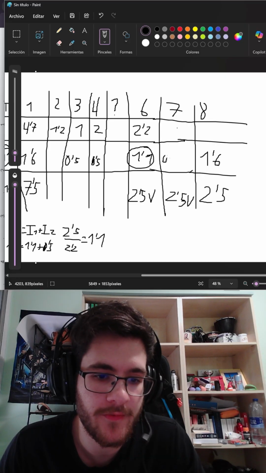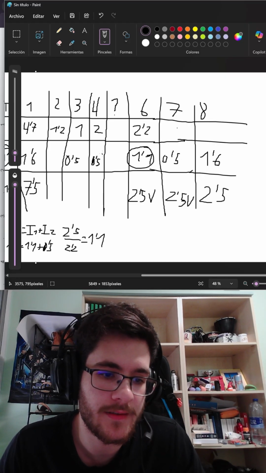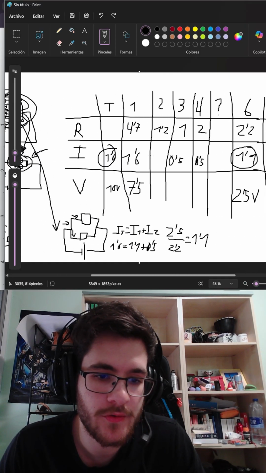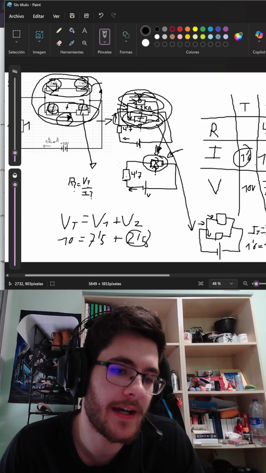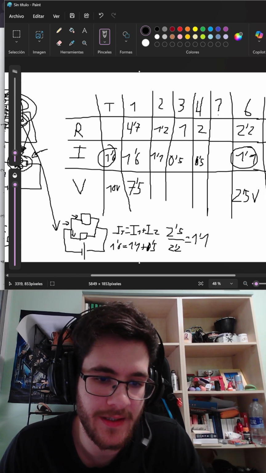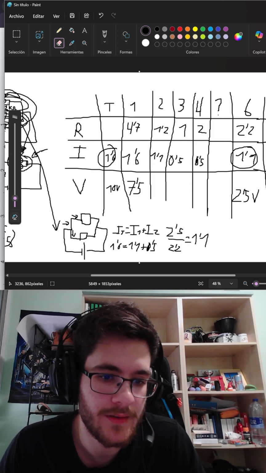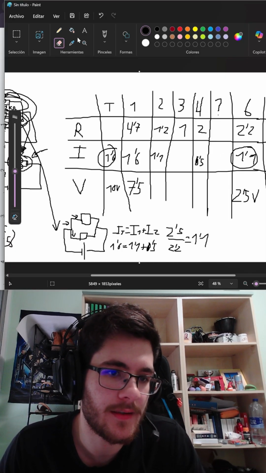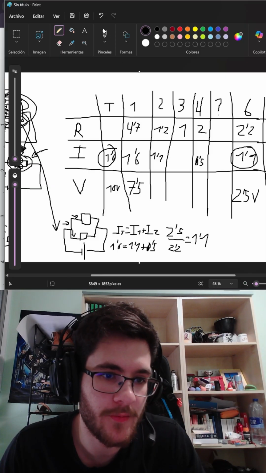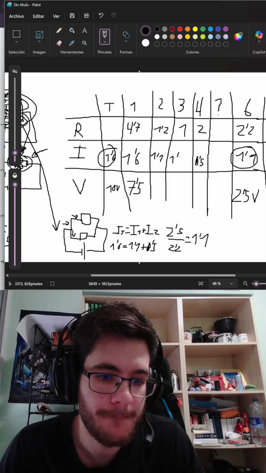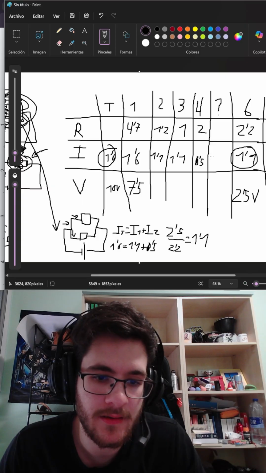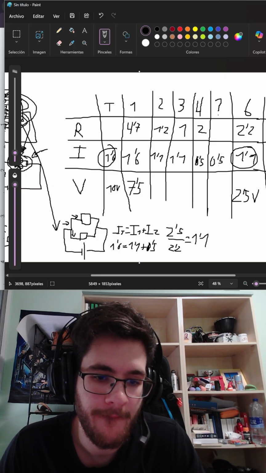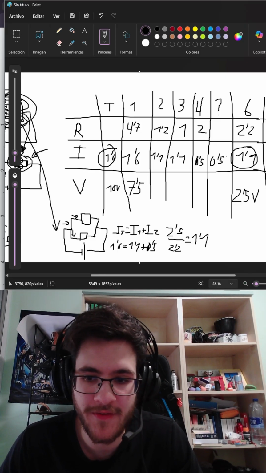So 7 is 0.5, these two are 0.5, and 6 is 1.1, so 2 is 1.1. I missed that because this was not the correct one. The 3 is in the upper one, so the upper one has 1.1, and the bottom one, that is our mysterious one, has 0.5.